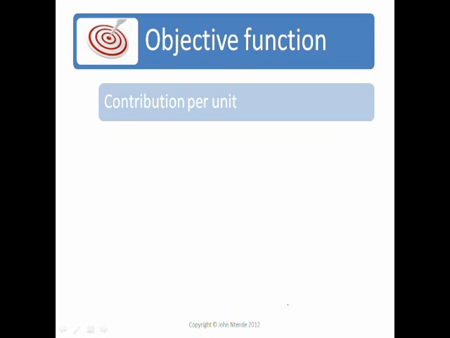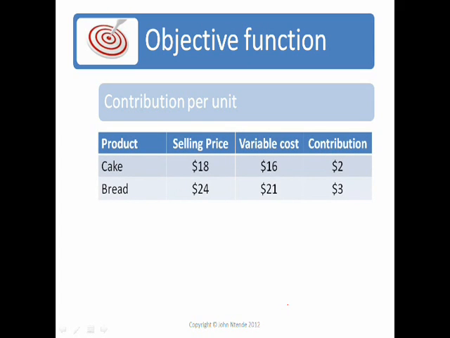So we have two products, cake with a selling price of 18. 18 less 16 equals 2. So the contribution per unit for the cake is $2. Now for bread, it's 24 less 21, which gives us 3.